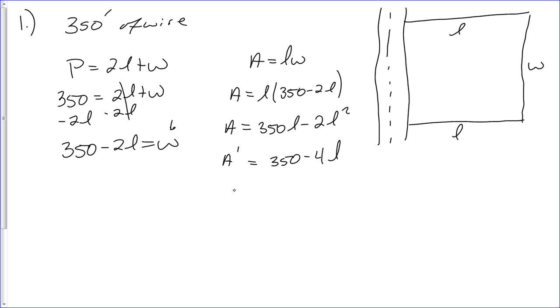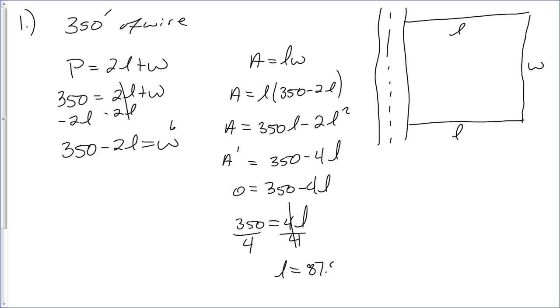We need to set this equal to 0 and solve for L. So 0 equals 350 minus 4L. Add the 4L to both sides, so 350 equals 4L. Divide by 4, divide by 4. So L equals 87.5 feet.